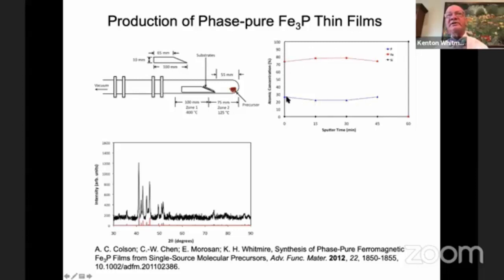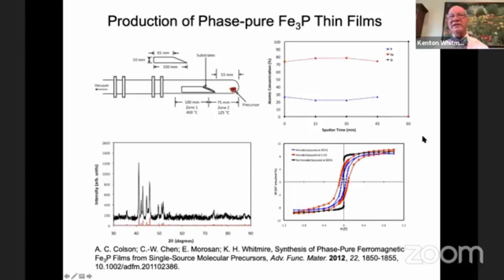It's not exact because there are some differences in the way the elements sputter, but this is what you would expect for Fe3P. You sputter and you take an XPS analysis again, and then you work your way through the film. And after about 45 minutes, when we get past this point, we have gone all the way down to the glass slide, and what you see is only silicon up here at 60 minutes. So the films are phase pure throughout the film.